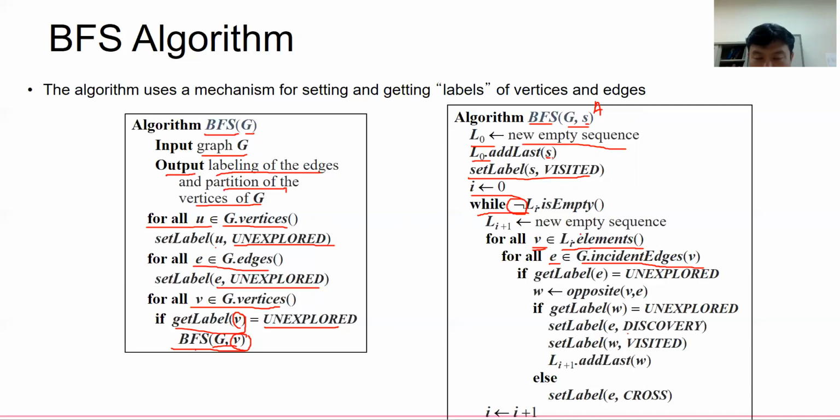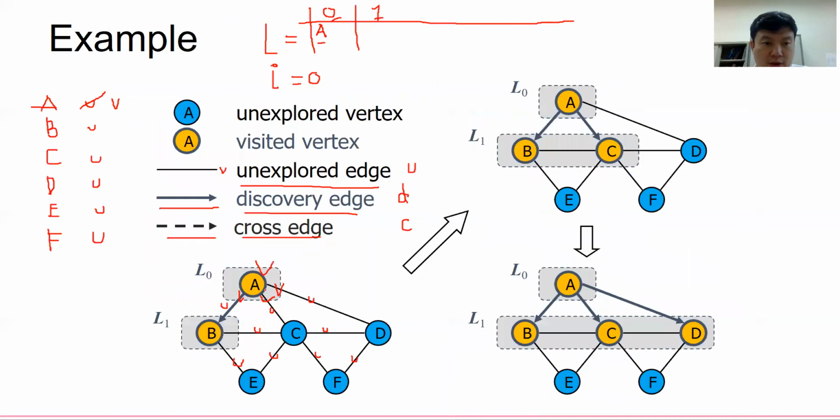Now I want to check the label. If the label E is unexplored, then check the W, which is the opposite of V, E. This is unexplored. So I want to know what is the opposite.